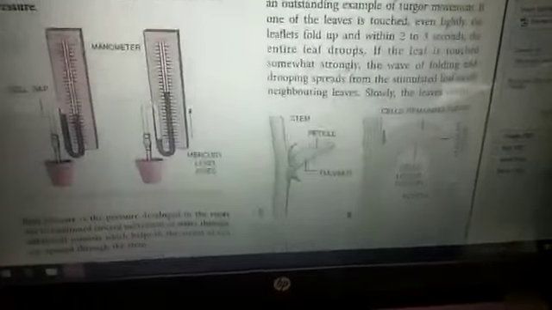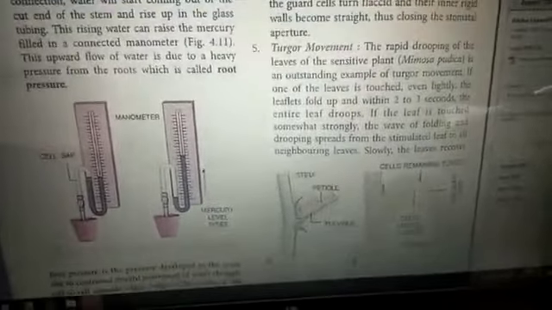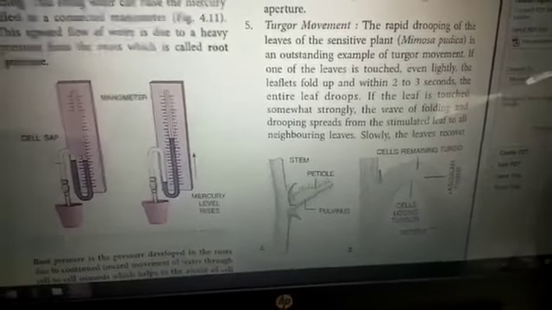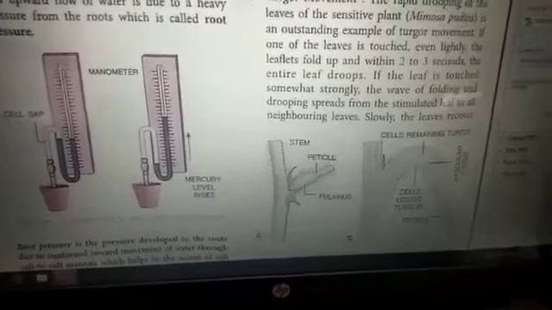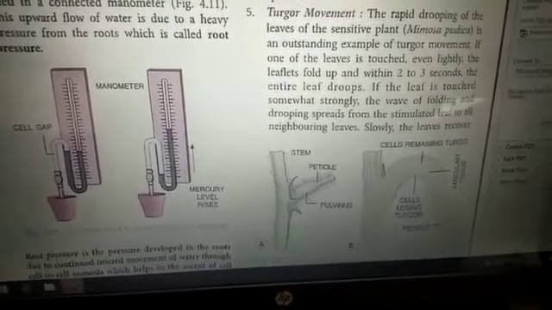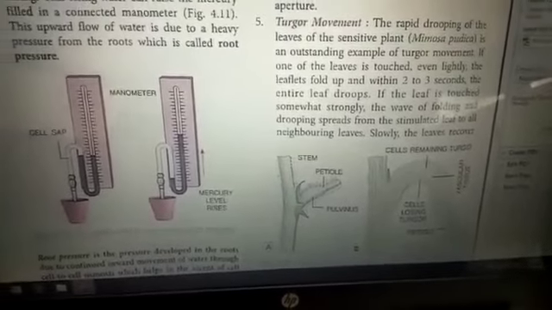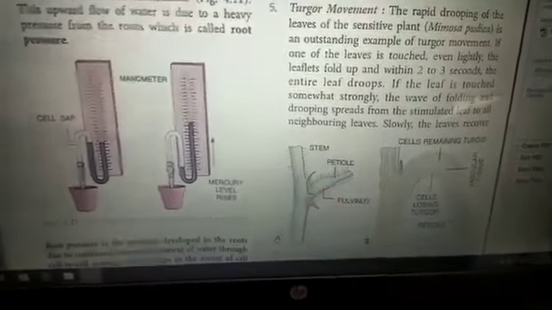Next, turgor movement. Mimosa plant, that is the touch-me-not plant. When you touch the leaf of this plant, it rolls up, because below the leaf there is a cushion or swollen structure called the pulvinus.